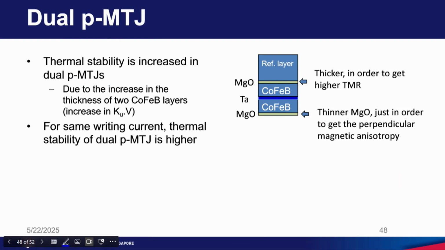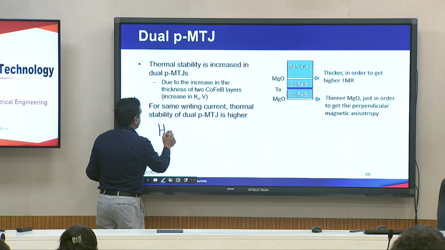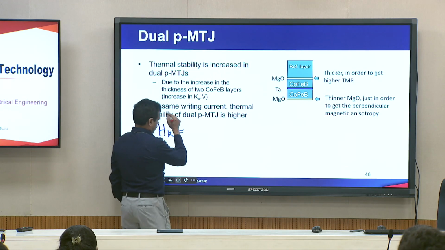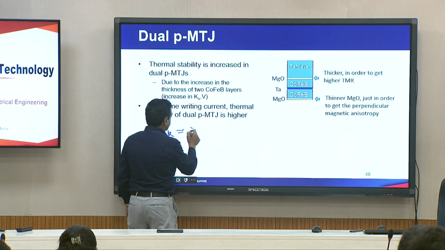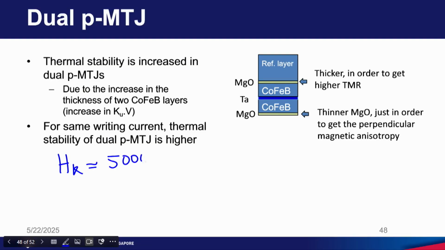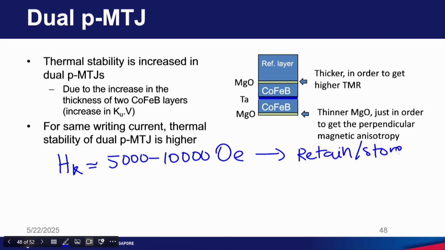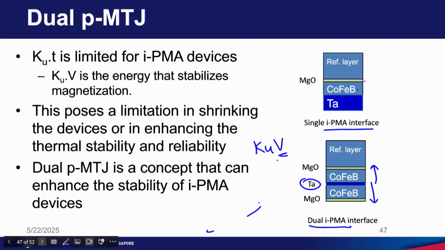On the other hand, in the case of perpendicular material, the HK is around, let's say, 5,000 or 10,000 Oersted. This is the field that helps to retain or store information.